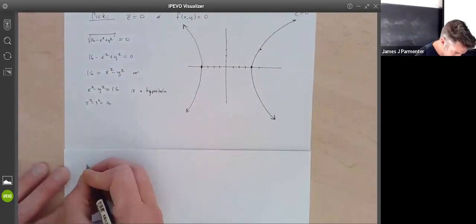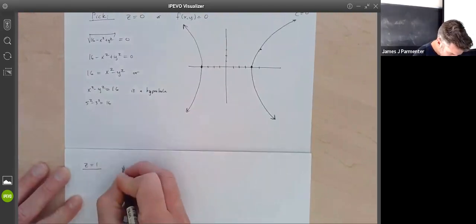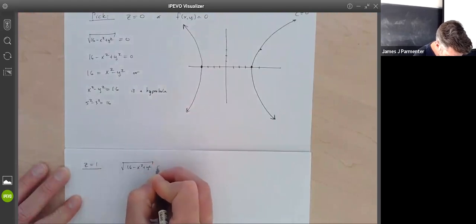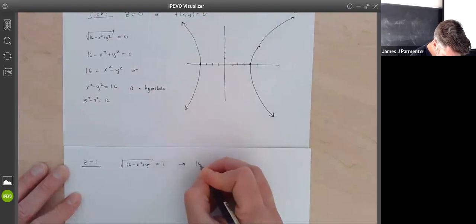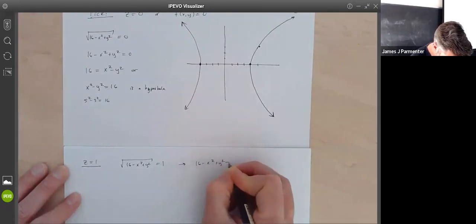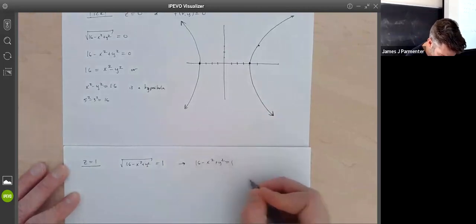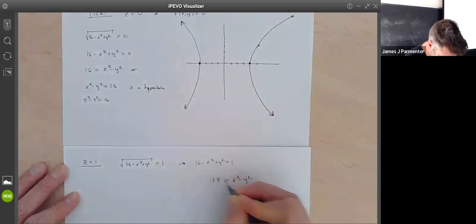So if we pick z equal to 1, now we're going to get the square root of 16 minus x squared plus y squared equal to 1. We're going to square both sides. We get 16 minus x squared plus y squared equal to 1. And solving for x squared minus y squared, we get x squared minus y squared equal to 15.